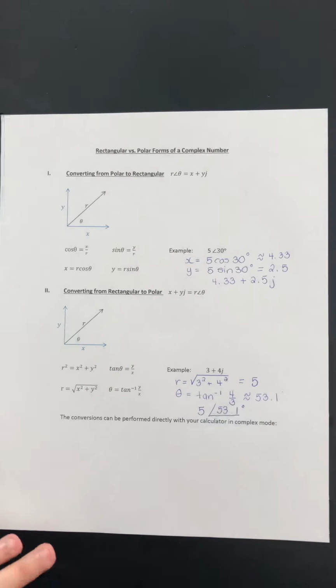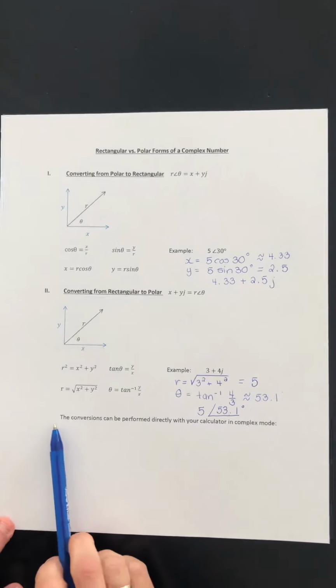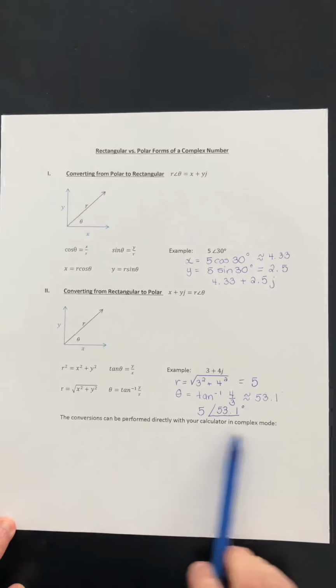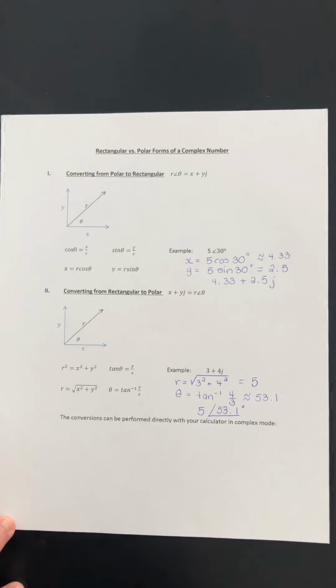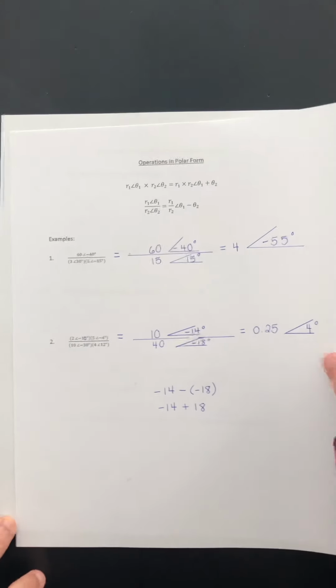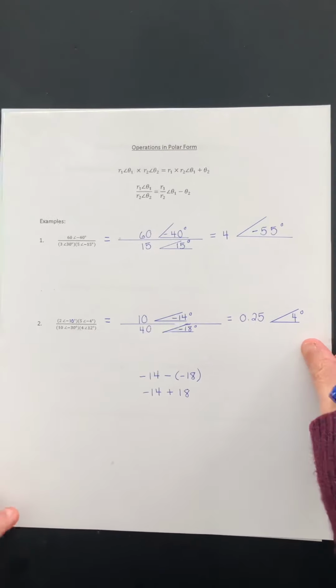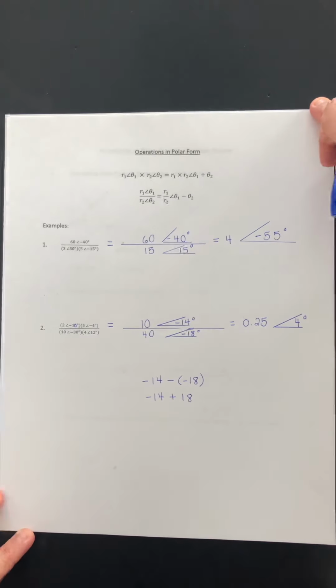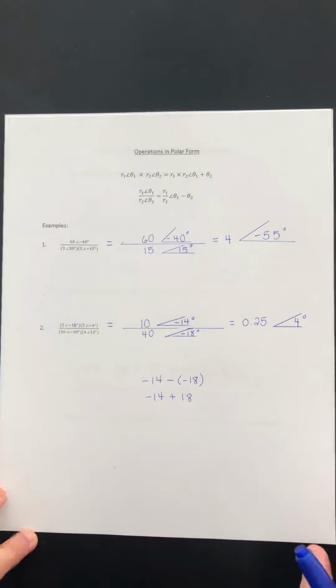And again, hopefully you now know how to convert directly between rectangular and polar forms using your calculators. And here I was assuming that all of you have the Casio calculator that I think is standard for your programs.